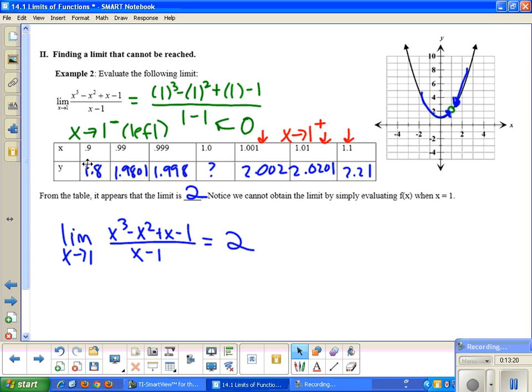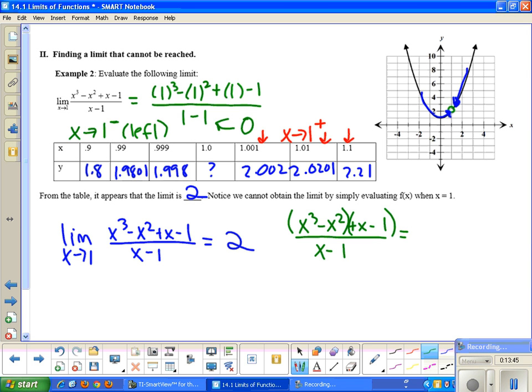Now, in the next chapter, just to get a little ahead of myself, we can actually do some algebra in order to figure out what the limit is going to be. So algebraically, what could I do here? Well, if you remember when we did rational functions, we could do factoring in order to maybe get rid of that x minus 1 in my denominator. So I can factor by grouping in my numerator.